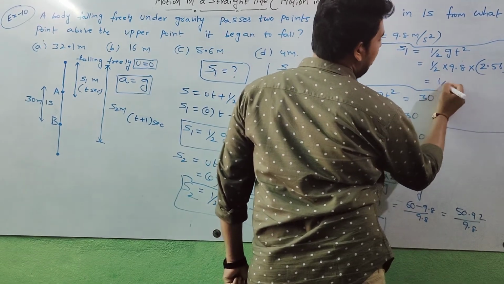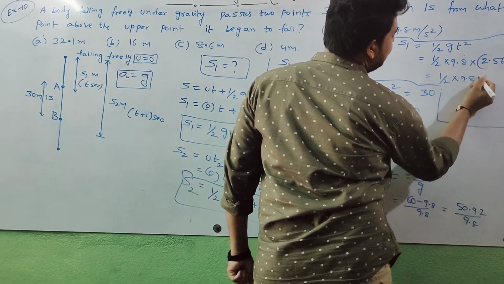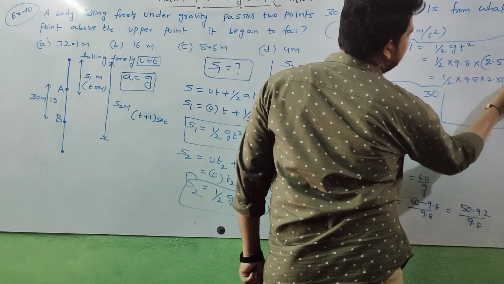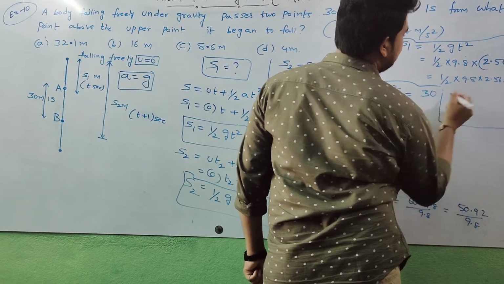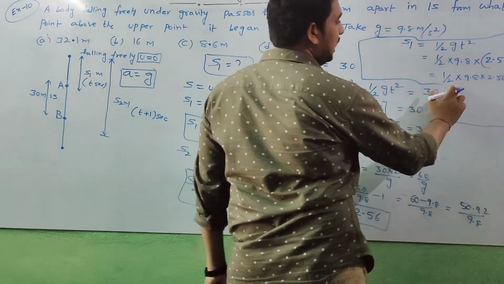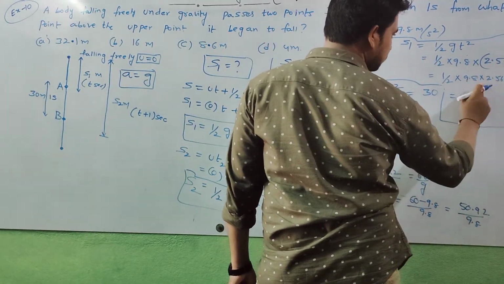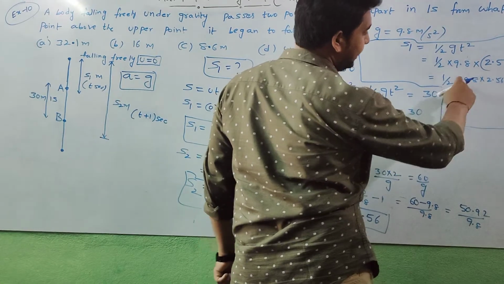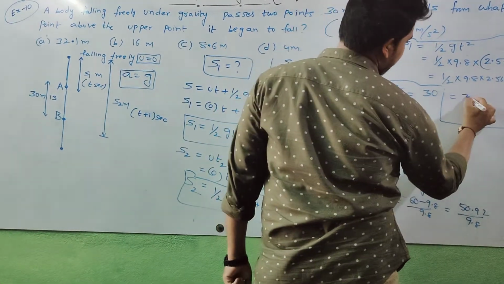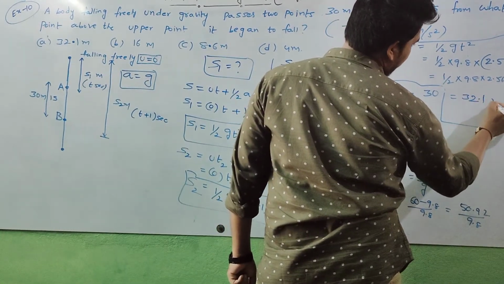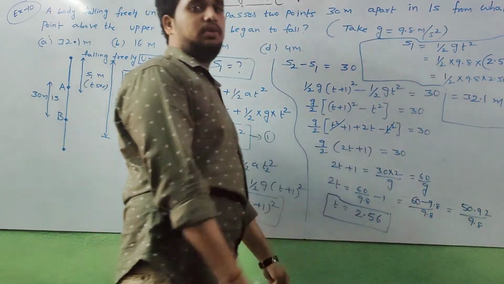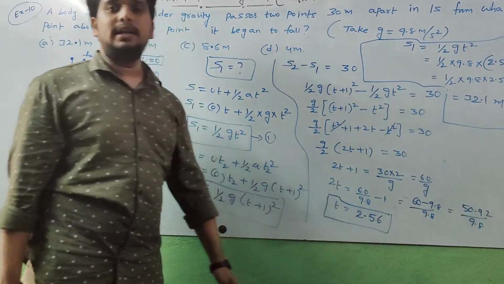So half into 9.8 into 2.56 into 2.56, when we calculate this, we got 2.56 into 2.56 into 9.8 into 1 by 2, that is equal to 32.1 meters. So S1 is equal to 32.1 meters.